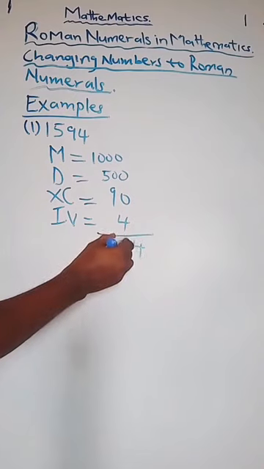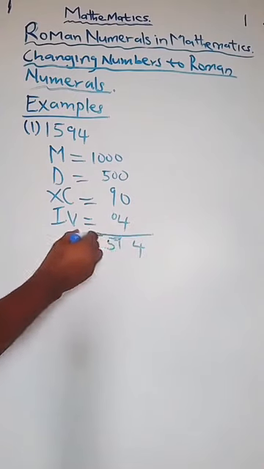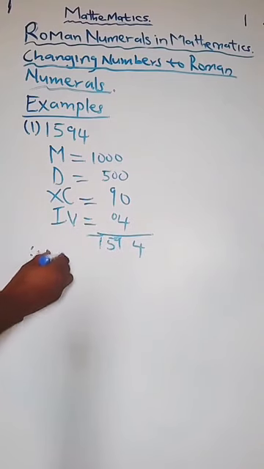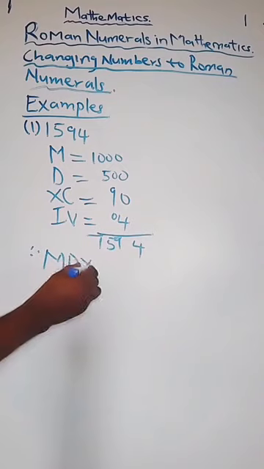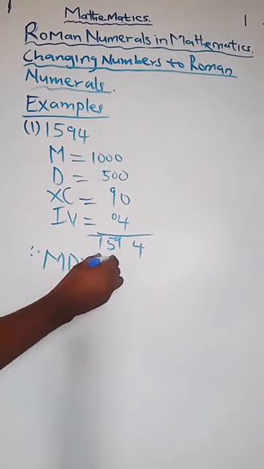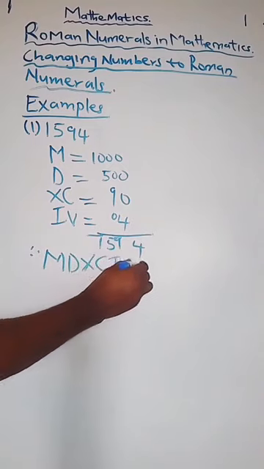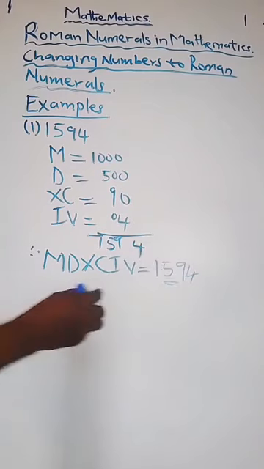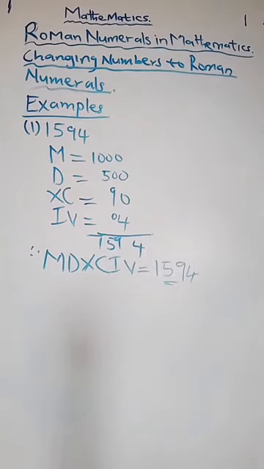This is 90. This is 500. And this is 1000. So therefore, M, D, X, C, I, V is 1594. So that is how to convert ordinary number to Roman numeral.